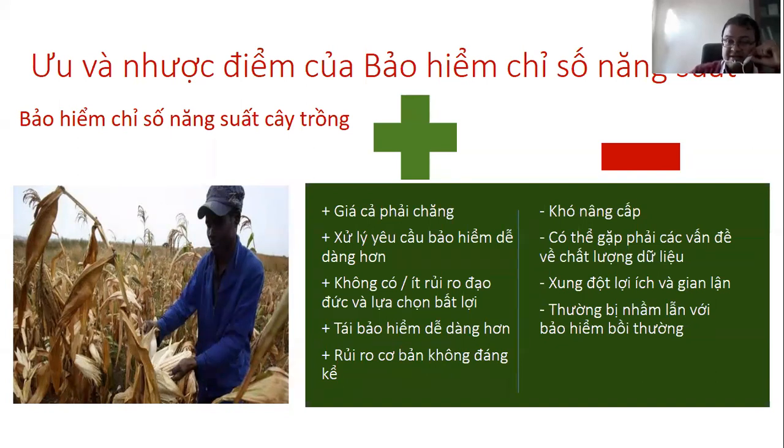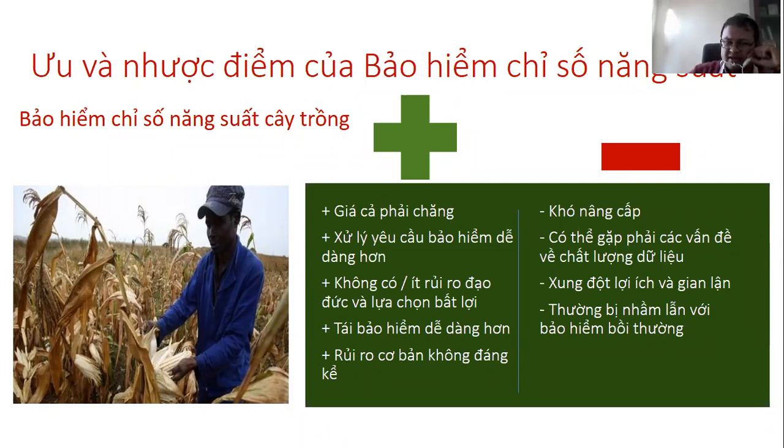But that is if the product is designed very accurately, and if the yield can be assessed at a very granular, very localized level, which is not always the case. So anyway, those are the advantages for yield index, but there are quite a few downsides still.